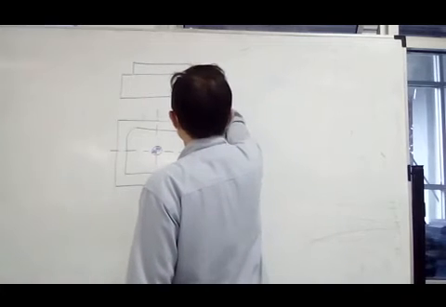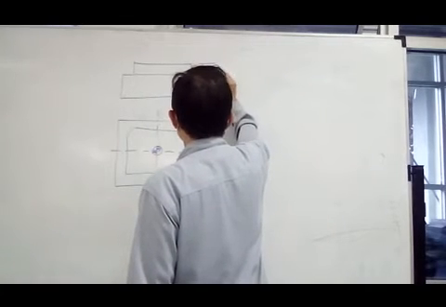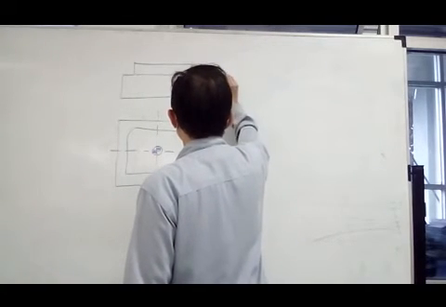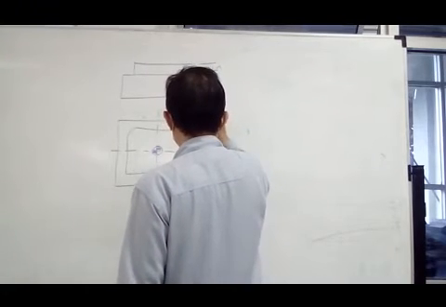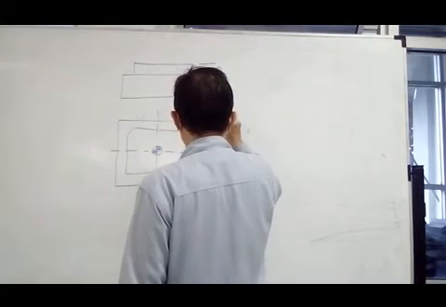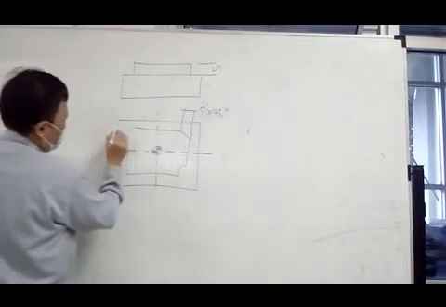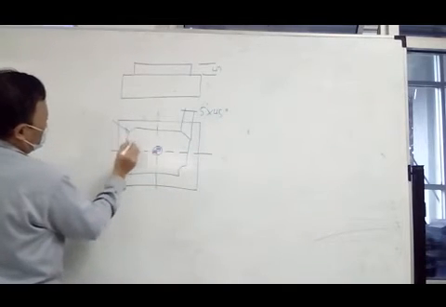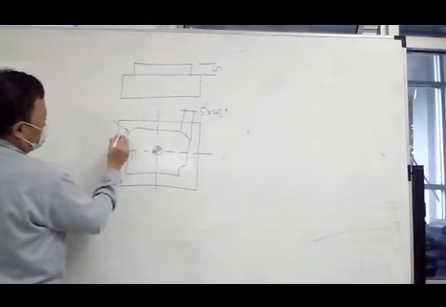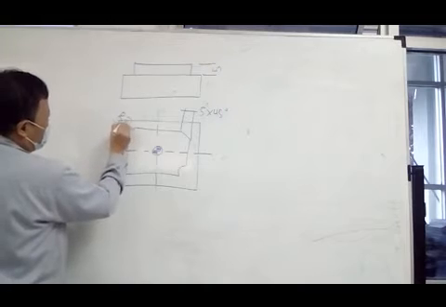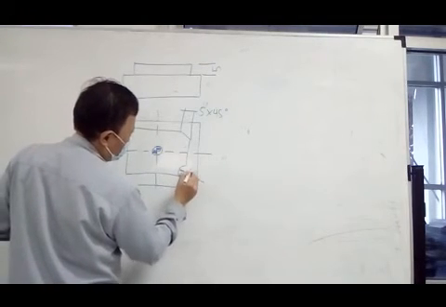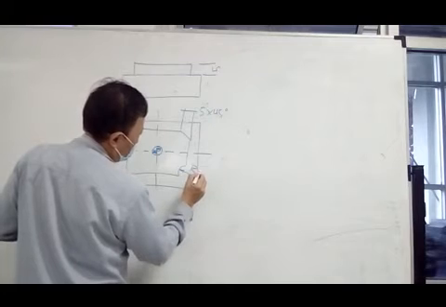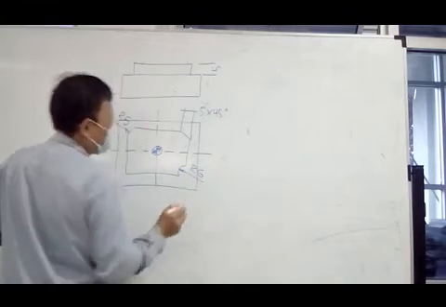So the dimensions: the depth is 5, the chamfer is 5 times 45 degrees, the radius is 5, and this radius, for example, 6.